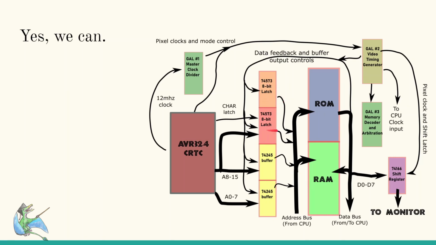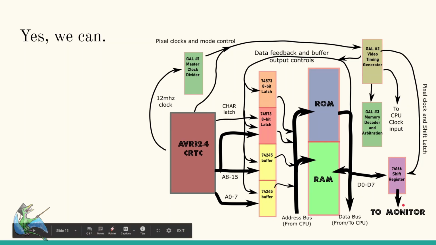That byte feeds back around and goes into this latch. Then, on the next opportunity that the video hardware has to control the memory, these two chips have their output enable turned on. They put a 16-bit address onto the bus, and during that one, the memory contents go from here into the shift register and are then clocked out to the monitor.